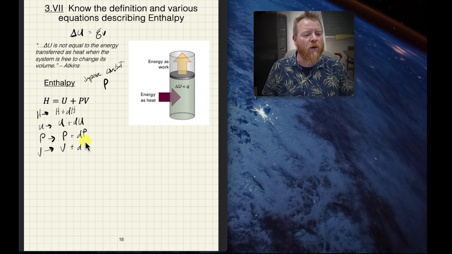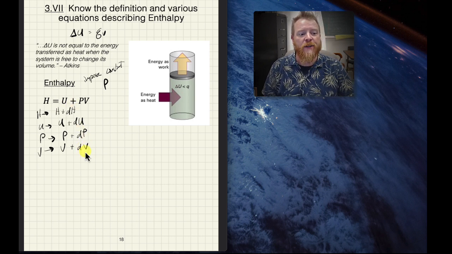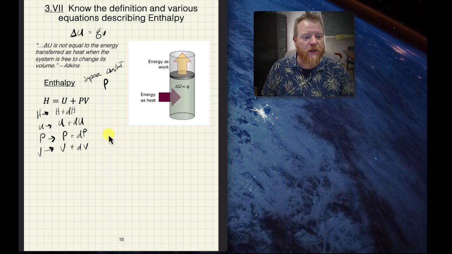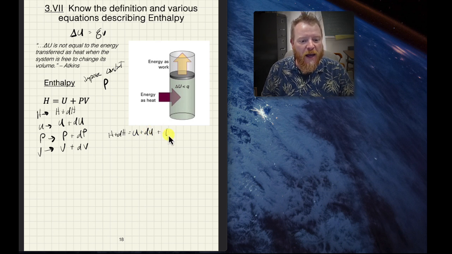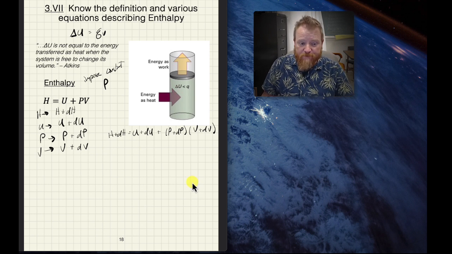We're going to put all of these relationships in and see if we can work out something more fundamental. So H plus dH equals U plus dU plus the quantity P plus dP times V plus dV.